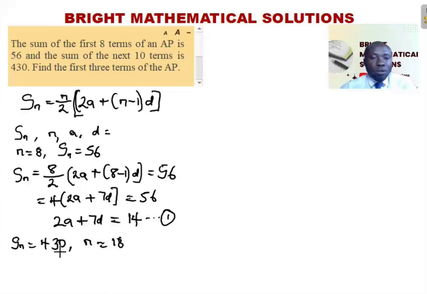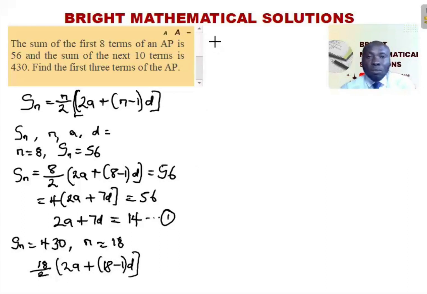So let us substitute this into the formula we've written before. Therefore, n now will be 18, so we have 18 divided by 2 into (2a plus (18 minus 1)d).